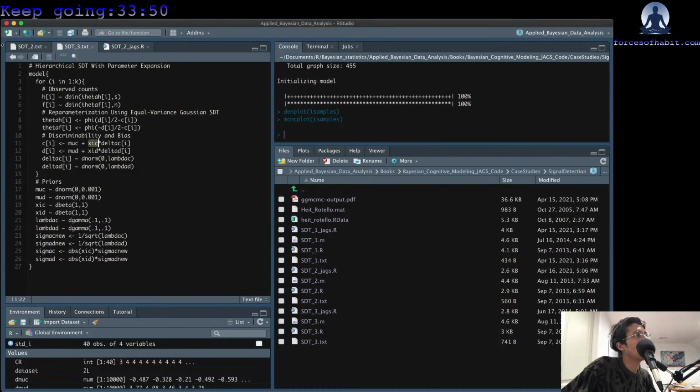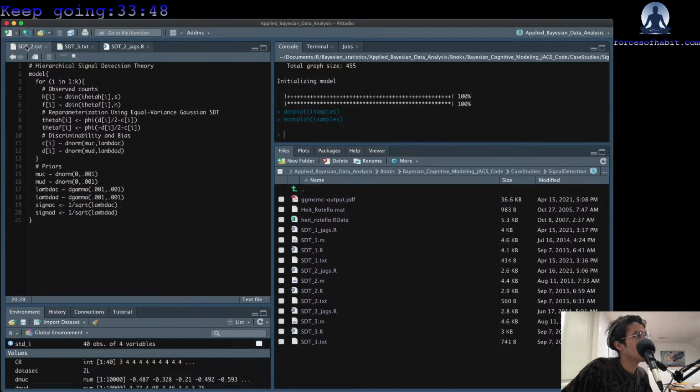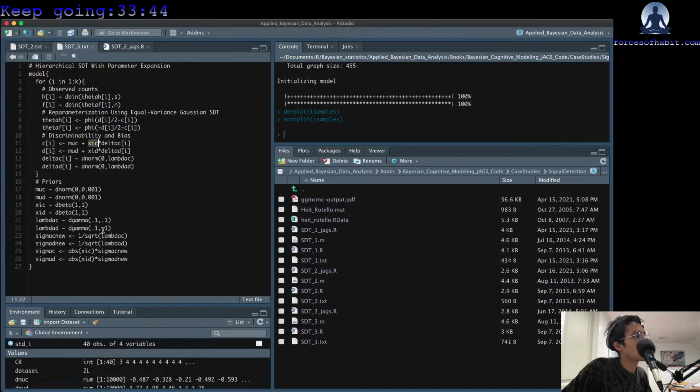Did we change the parameter for gamma? Okay, gamma, less precision.